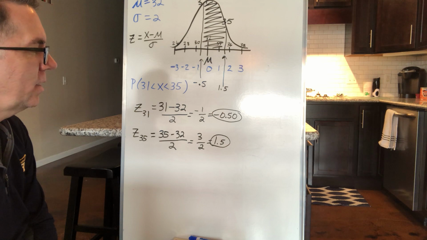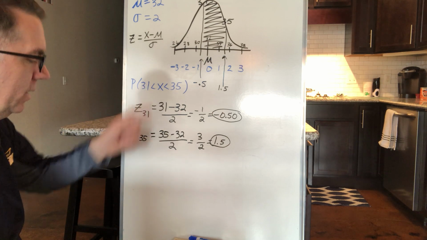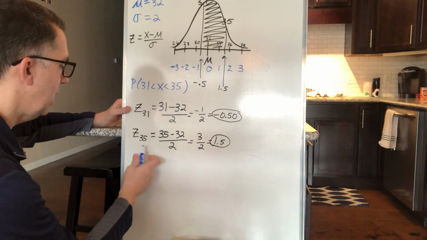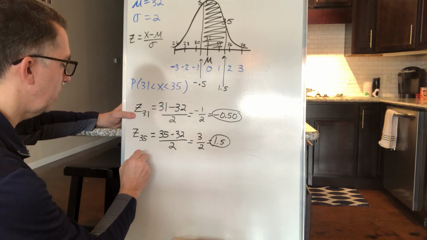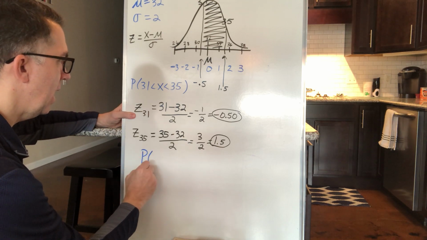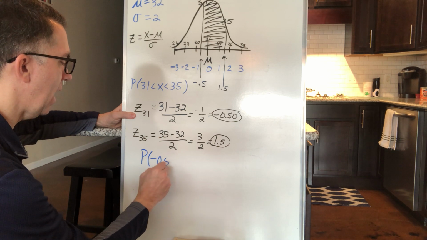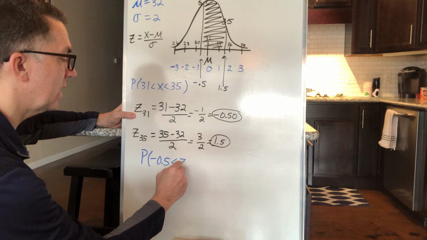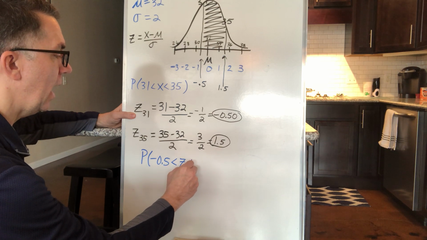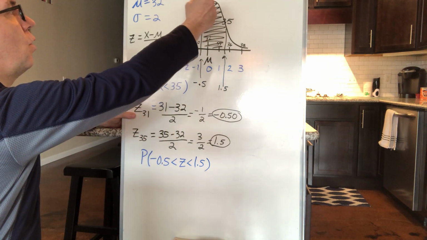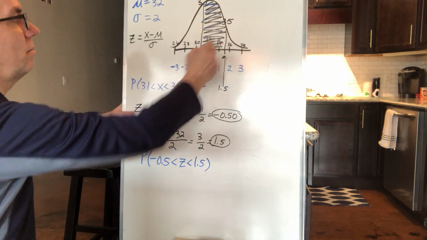Now we need to change some things up here. I'm going to rewrite this in z notation. So now the problem mathematically becomes, what's the probability that z is between negative 0.5, I'm going to use a z this time, and a positive 1.5? So that represents this whole shaded area right there.